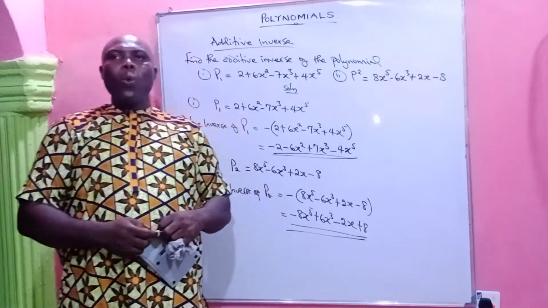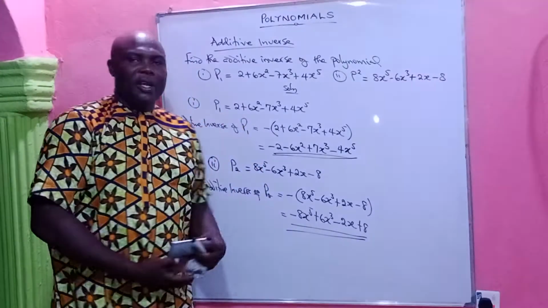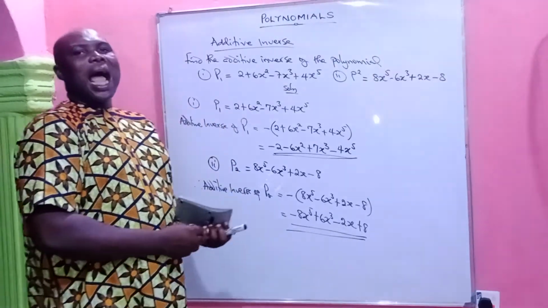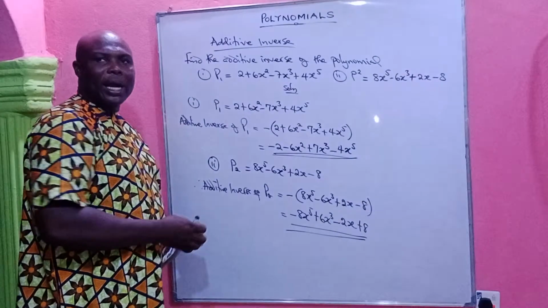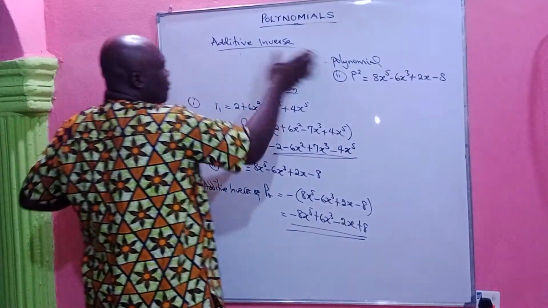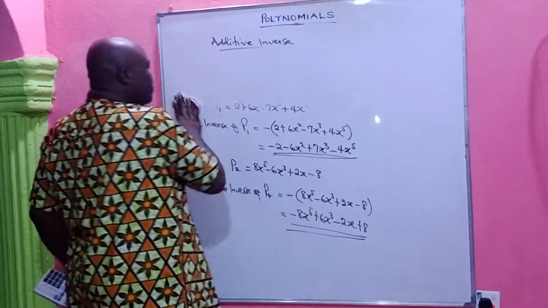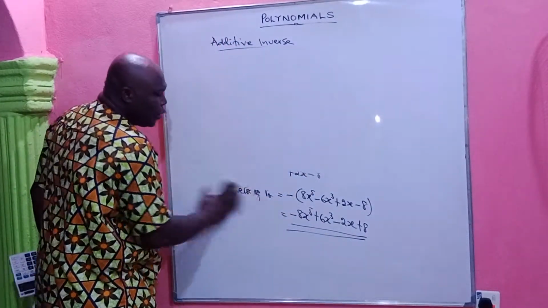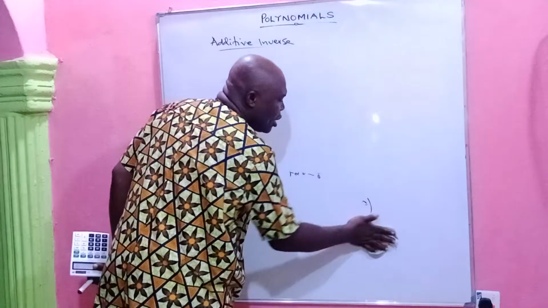Alright, so without waste of time, after knowing what the additive inverse is, we want to know how we can resolve addition and subtraction of polynomials. Now don't forget, in addition of polynomials, you can take two polynomials and add them together.